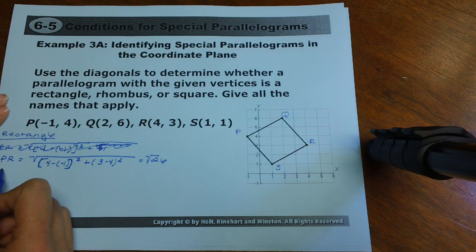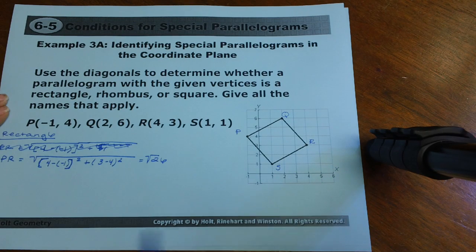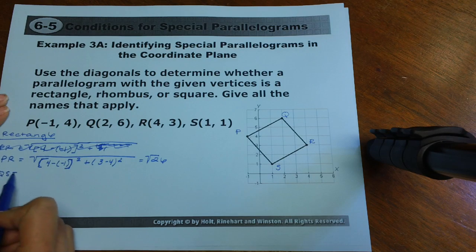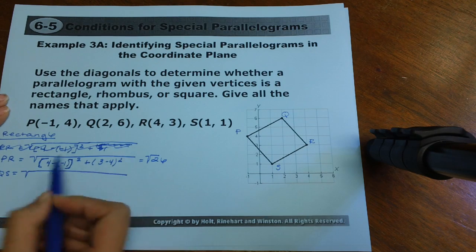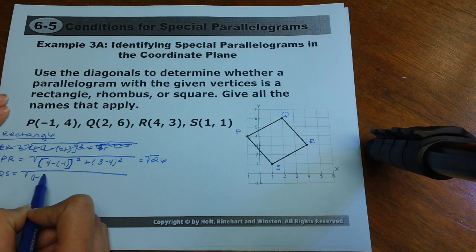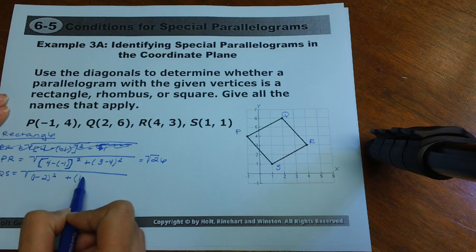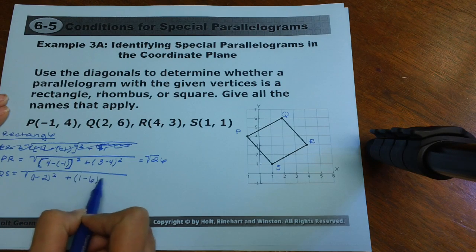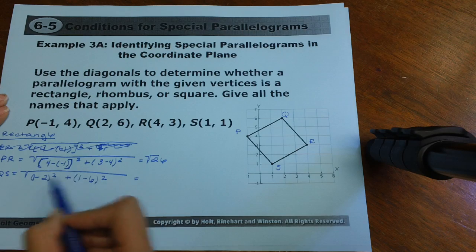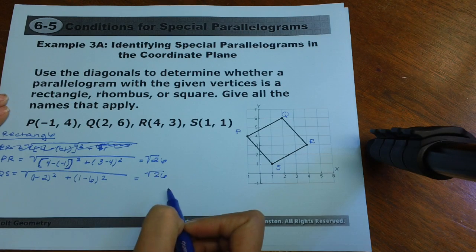I'm also going to find the distance from Q to S to see if that's the same. QS, again plugging it into the distance formula, is going to be 1 minus 2 squared plus 1 minus 6 squared, and if you do the math, you're going to end up getting the square root of 26.